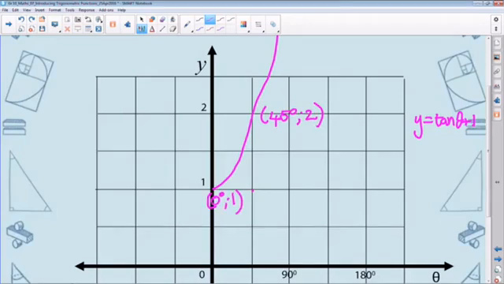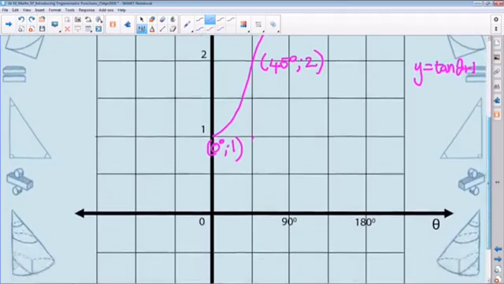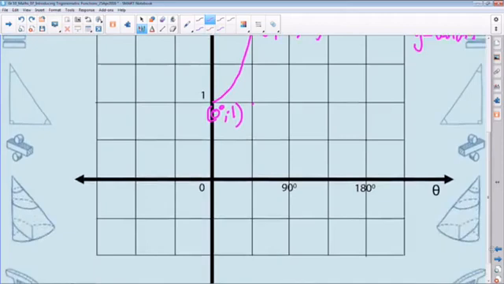So I've added 1. Now let's do the same for the bottom. It would have come up to 180 degrees after coming from down there. But that's the parent function, and we don't want the parent function, we want the parent function plus 1 unit. So I'm just going to move it up by 1 unit. And there we go.